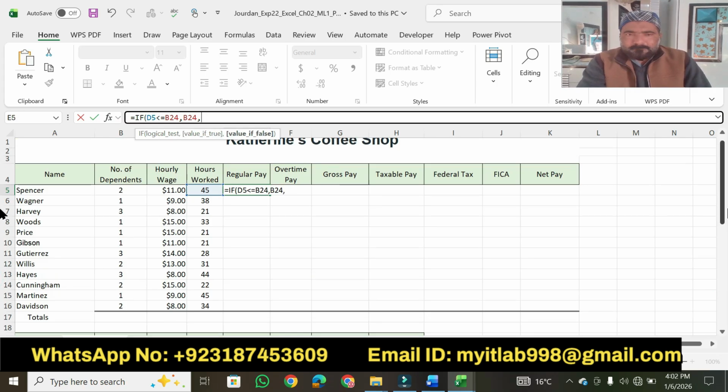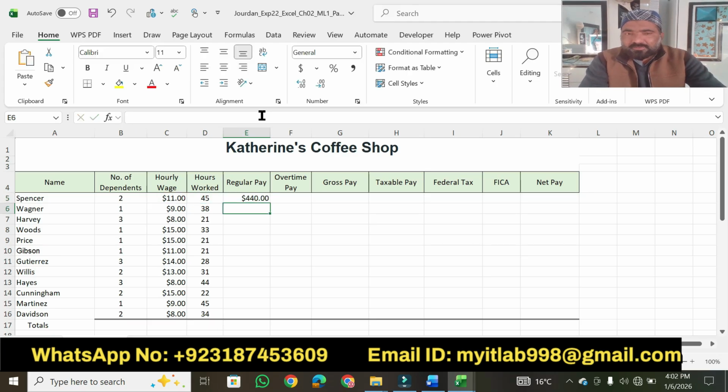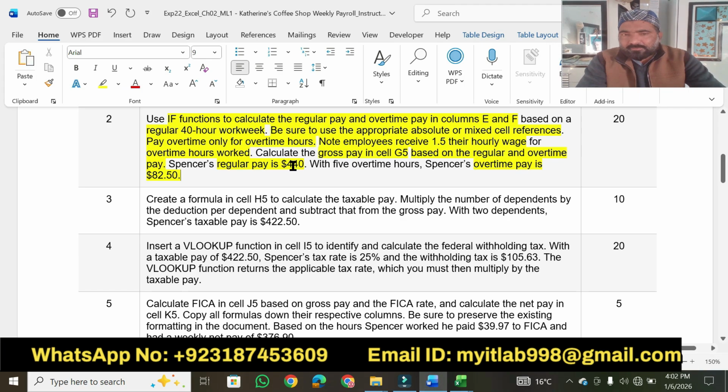So if D5 is less than or equal to B24, then D5, otherwise B24, and then we multiply by the hourly wage. Simply press enter and we will get the answer. You may compare this answer with the suggestion; it is the same.